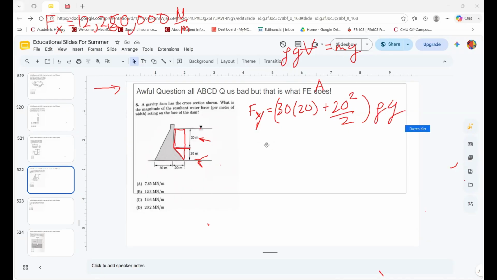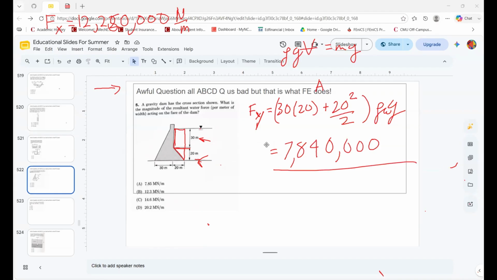If I were to give you this for water, you plug into your calculator 30 multiplied by 20 plus 20 squared divided by 2, multiplied by 1000 multiplied by 9.8. That's about 7,840,000. Now you can understand what you're supposed to do.